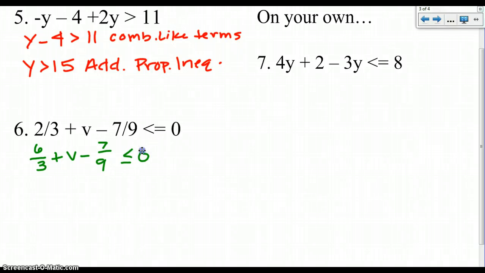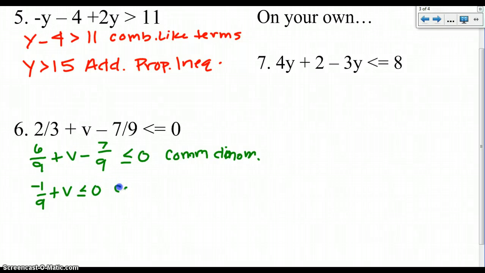And our justification for that is common denominator, so you can just put com denom. So then we add them, 6 ninths, sorry, this should be a 9. 6 over 9 minus 7 ninths is negative 1 ninth, plus v is less than or equal to 0, and that is combining like terms.